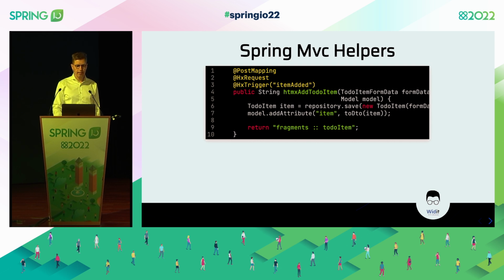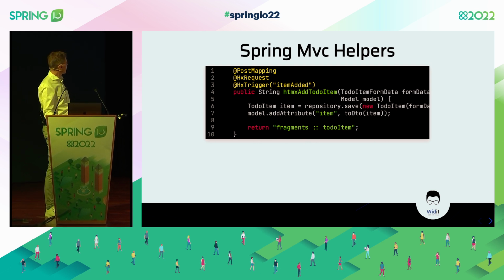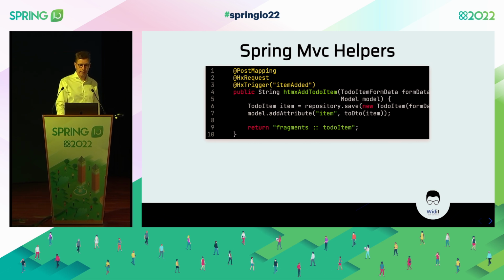We can just add an annotation, @HxRequest, and then this method will only be called when there's a POST to the URL done from htmx. And we can say, when this method is called, put an item-added event in the response using the HxTrigger. There's a lot more in that. You can inject an HtmxRequest object and then do if statements if you want to do that.